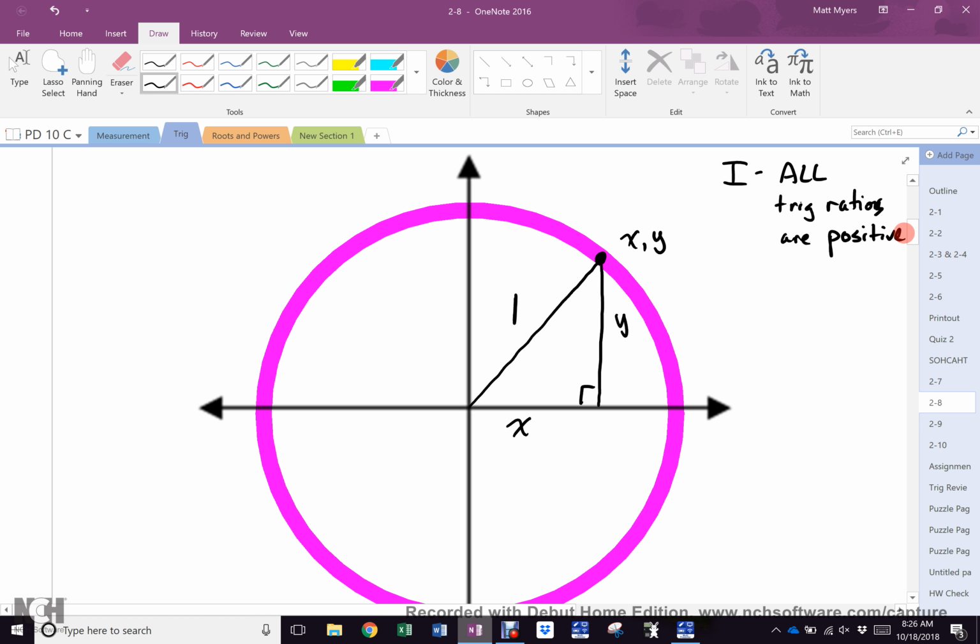Everybody cool? All right. When I come over here, negative x, y. Y, negative x, 1. So over here in quadrant 2, only sine is positive. Yeah?